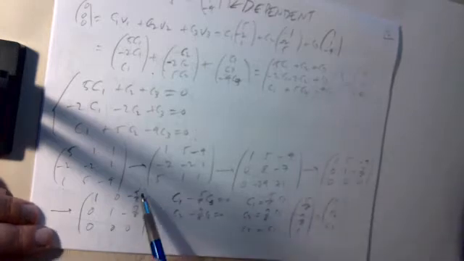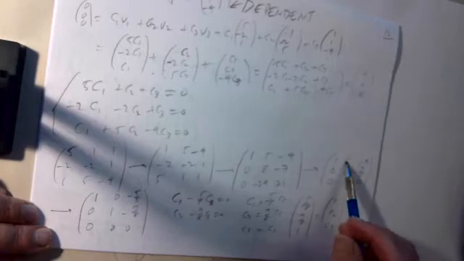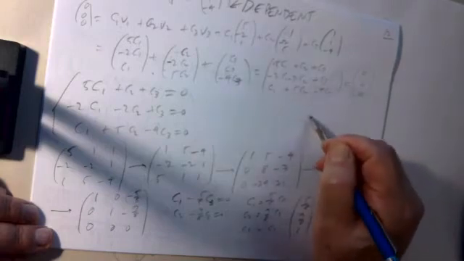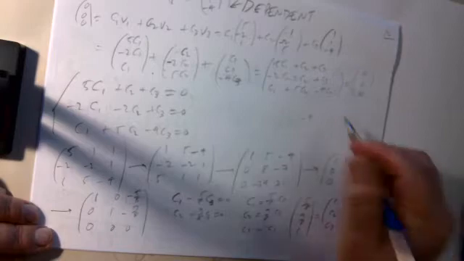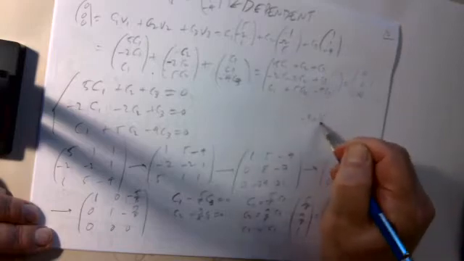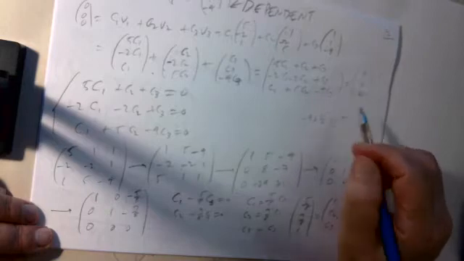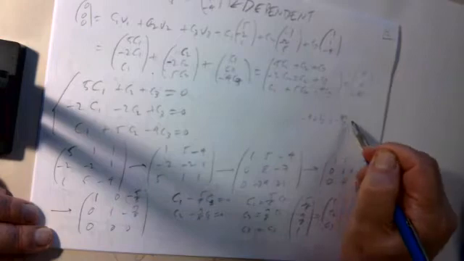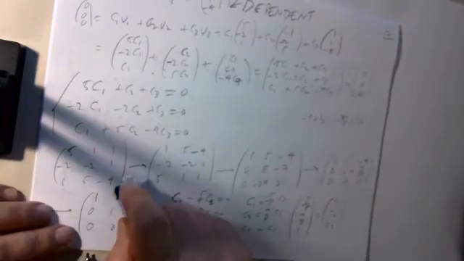So when I subtract 5 times this row from this row, the number that I get up here is minus 4 minus 5 times minus 7/8, which is plus 35 over 8. Minus 4 is minus 32 over 8 plus 35 over 8. So this should be 3/8.